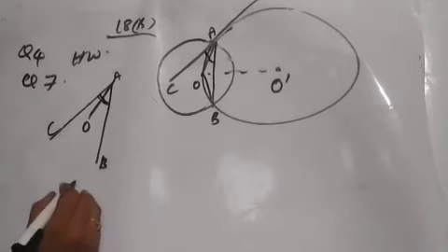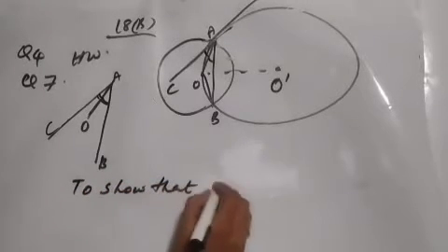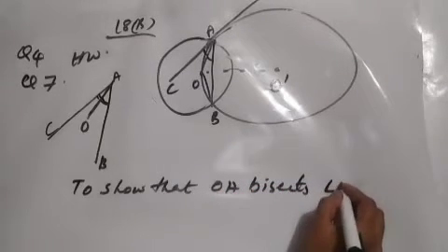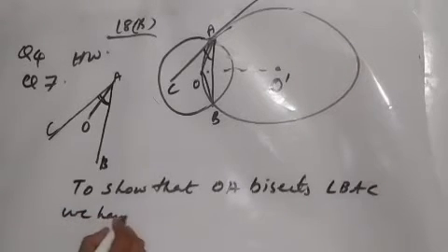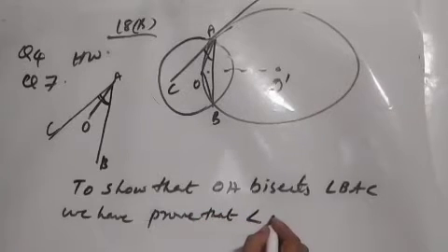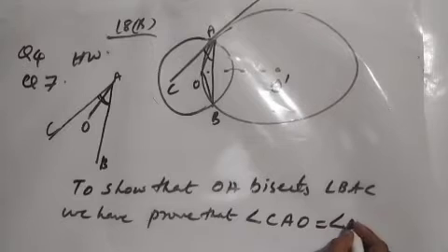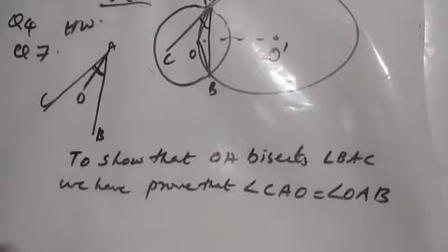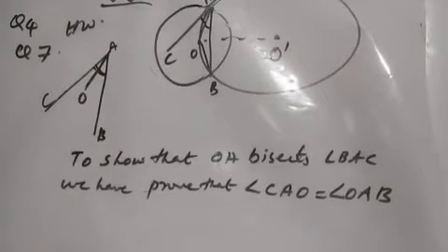So we have to show that OA bisects angle BAC. We have to prove that angle CAO equal to angle OAB. Just to show that these two angles are equal. It's very easy to solve.